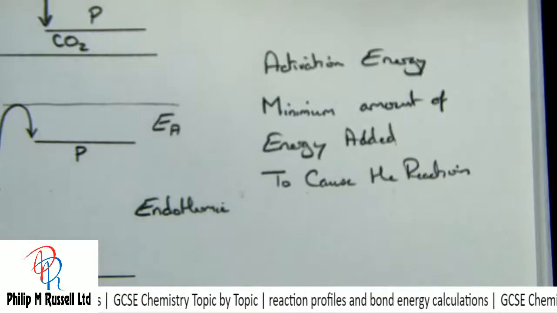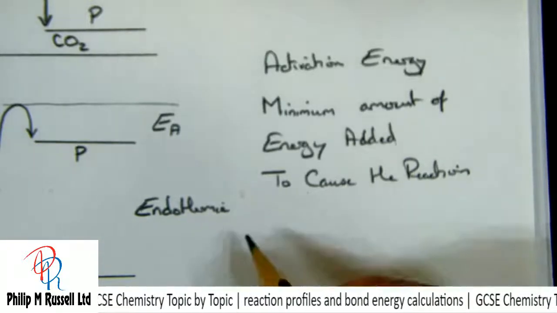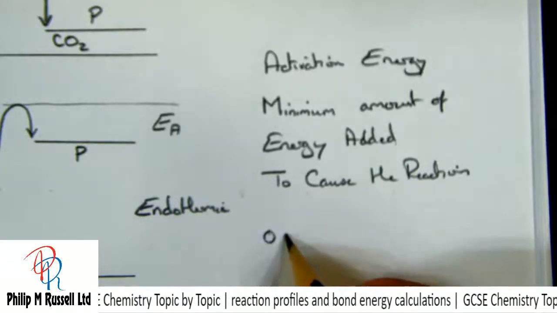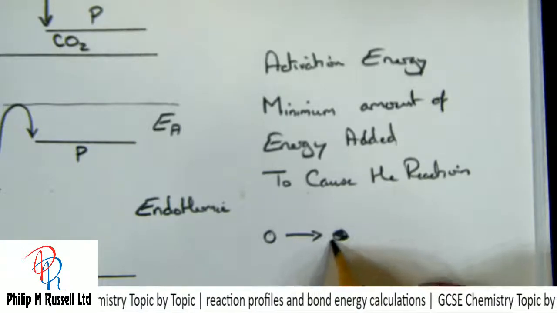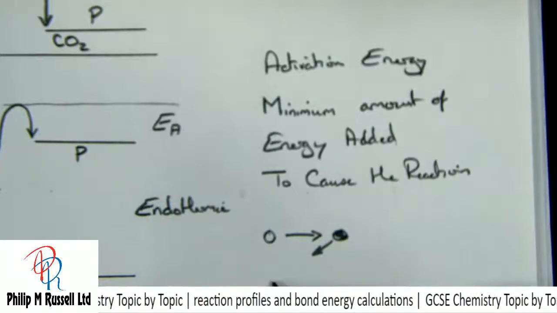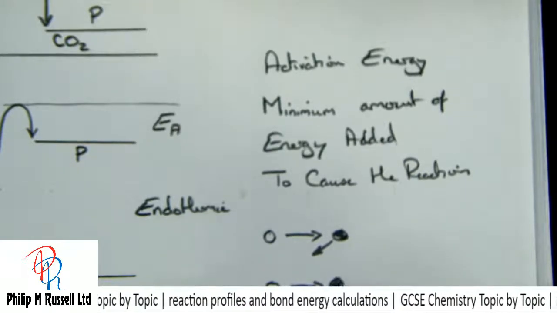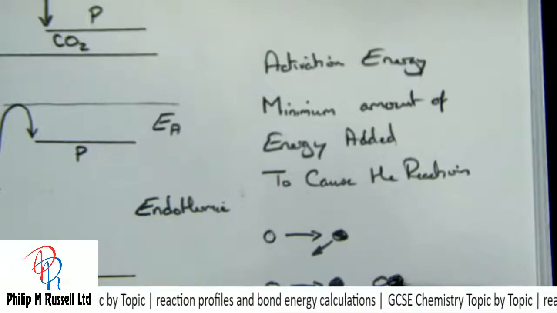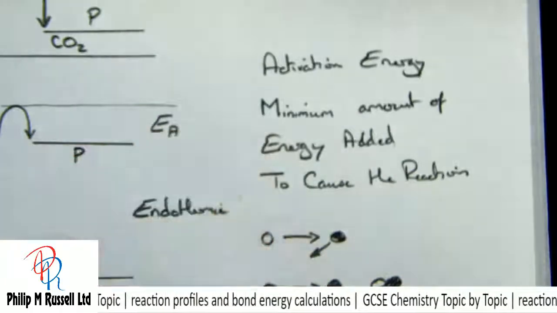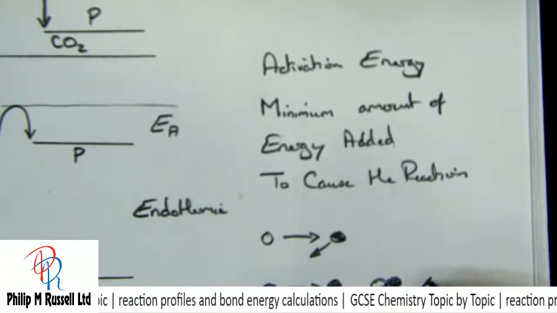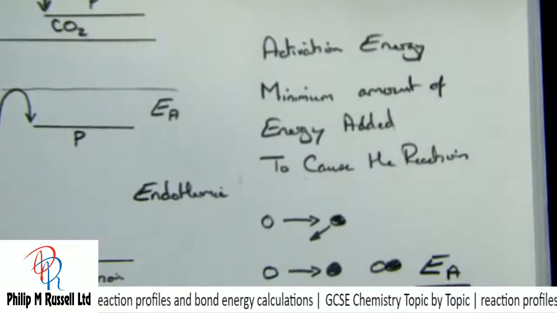So we think of colliding particles. Unless the particles have enough energy to collide, then they simply bounce off. If they've got the required energy, then they can combine. And it's this minimum amount of energy, the energy of activation.